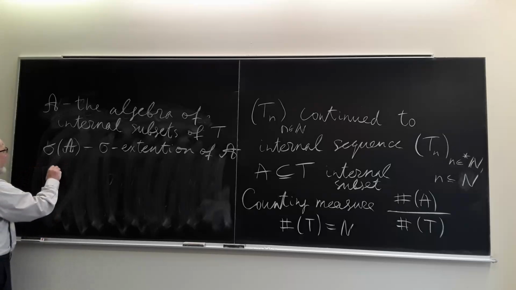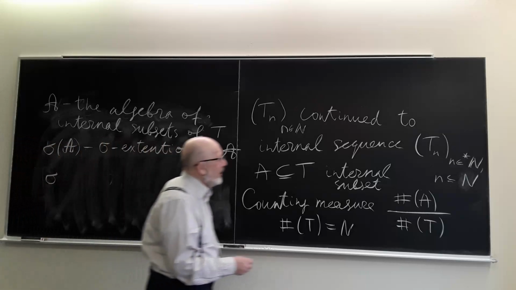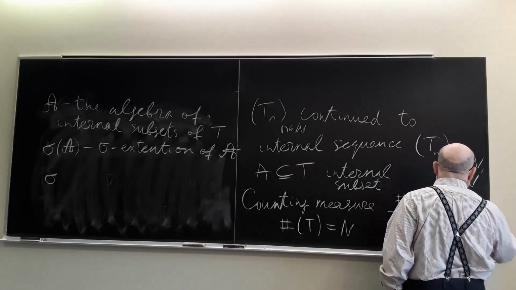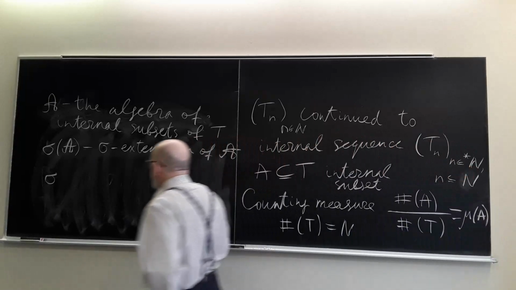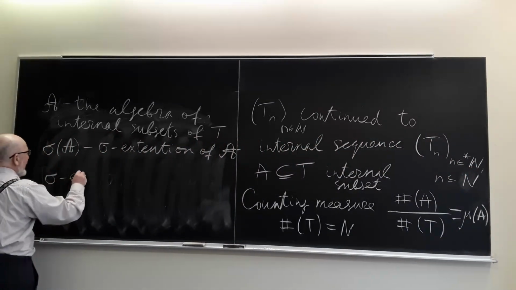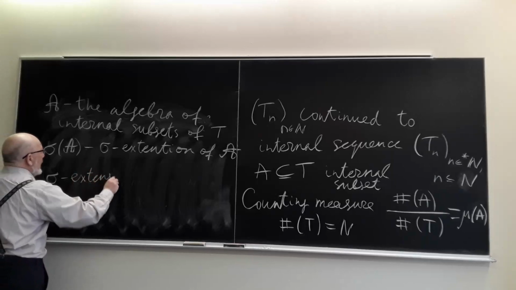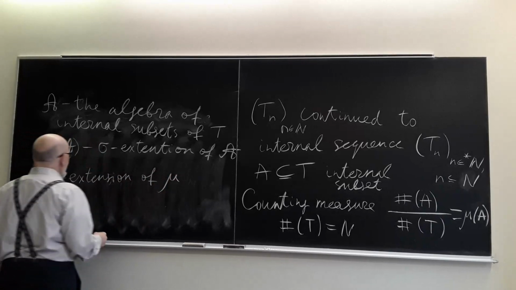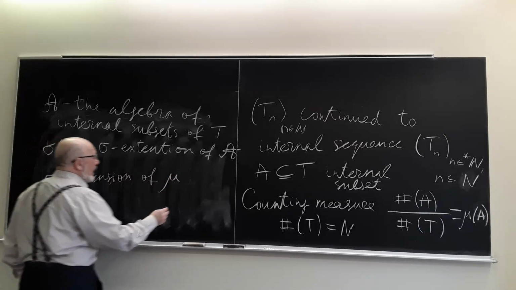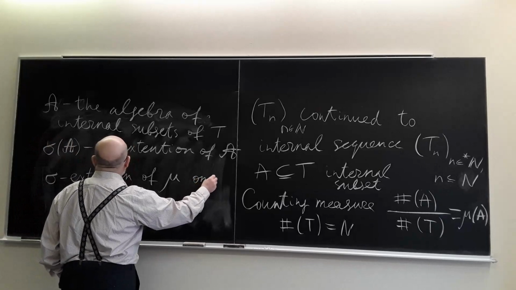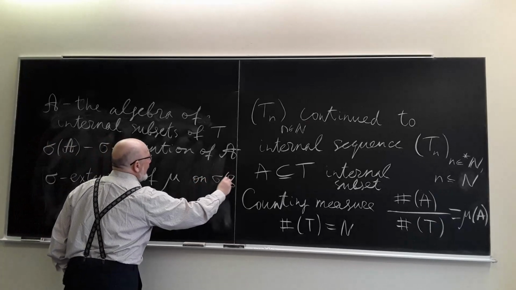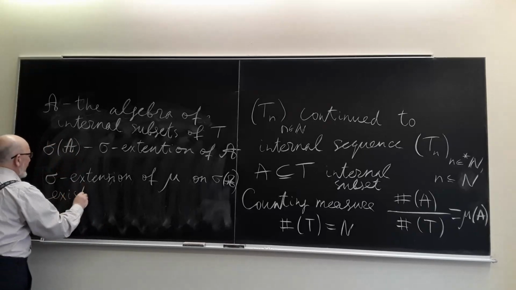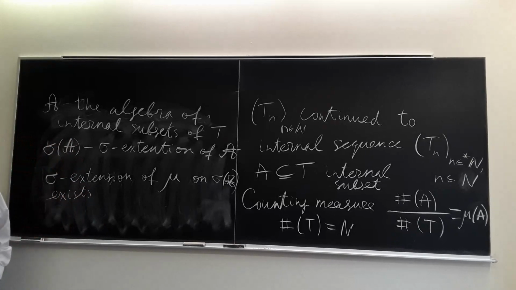So let me define it, denoted mu of A. The sigma extension of mu on sigma of A exists. Why does it exist?